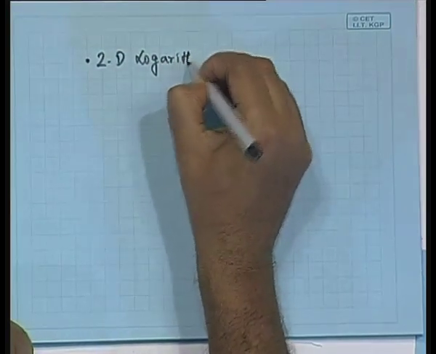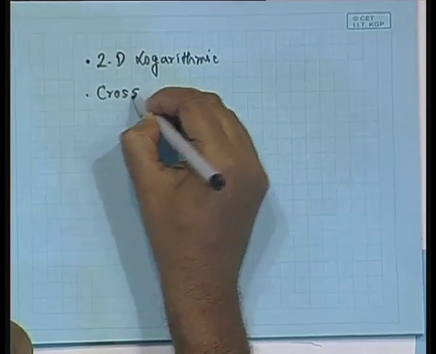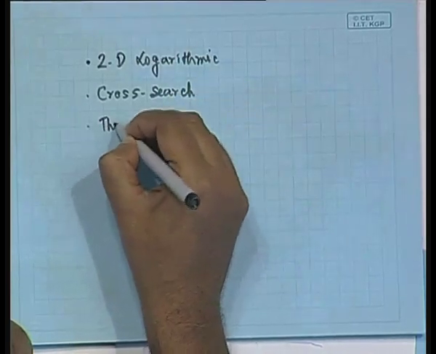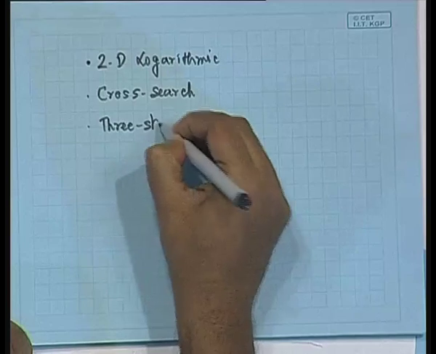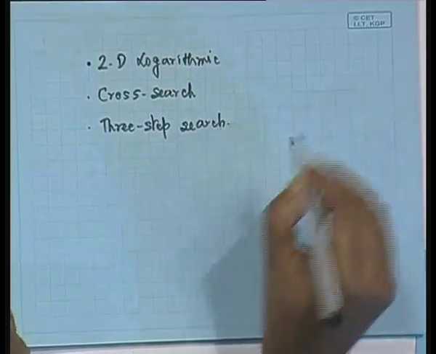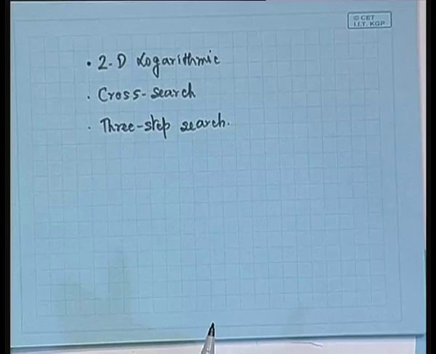We have talked of the cross search, we have talked about the 3-step search, and if you are keen to explore the literature, you will find that there are many different variants of these techniques.